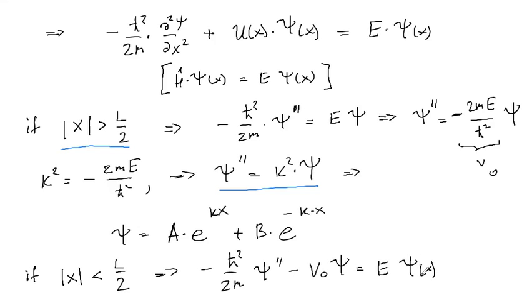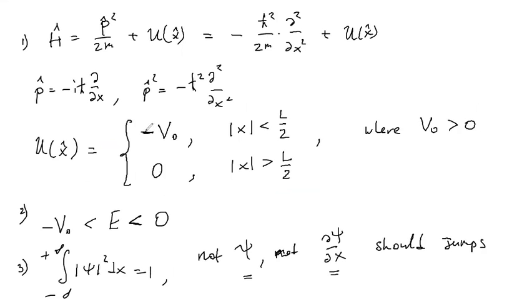So this would be my Schrödinger equation inside the square well potential. So here I put minus V naught here. V naught is a constant because my potential is this constant.